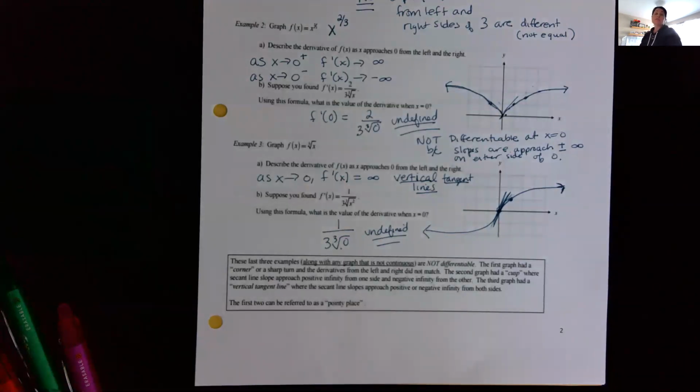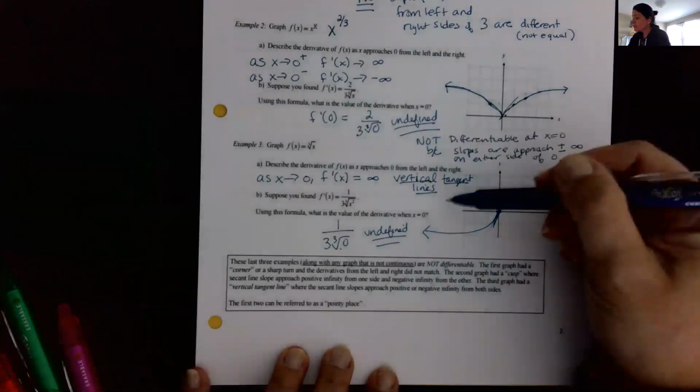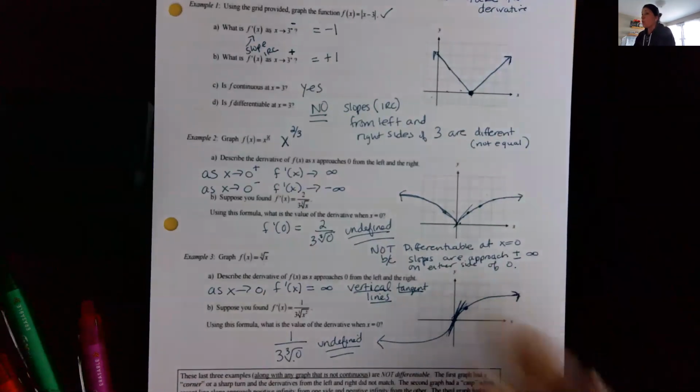Can you take it everywhere else? You absolutely can. Just not at that point. Okay? So, a vertical tangent line. We've got three different things going on here where you're not differentiable at a point.